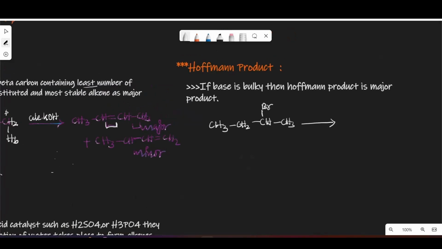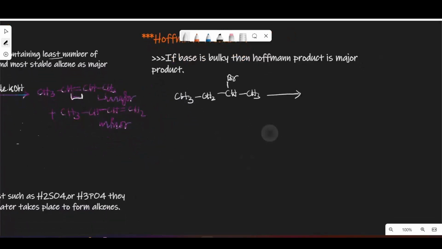Generally, we will get the Hofmann product when we take a bulky base. If we take a bulky base, then we will get this product as the major product. These two are opposite to each other. This is the major product, the less stable or less substituted alkene.